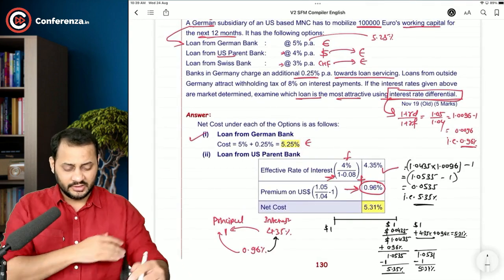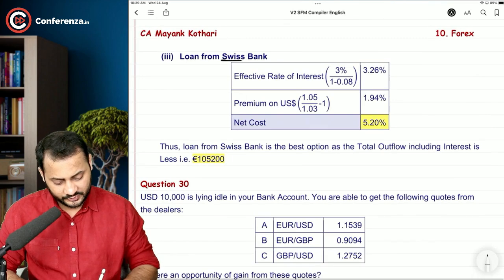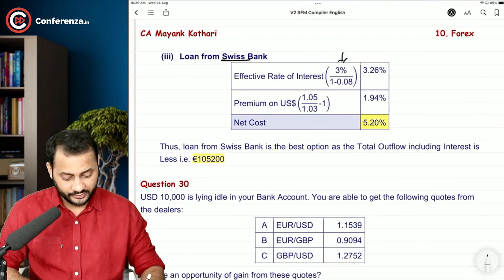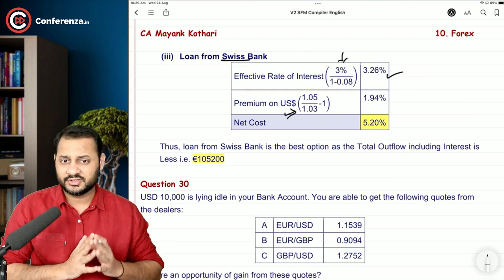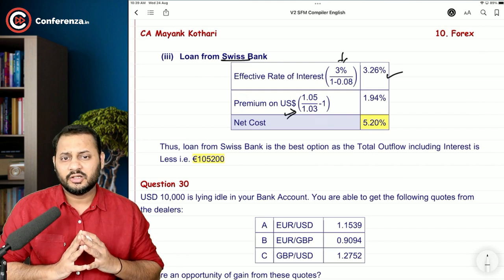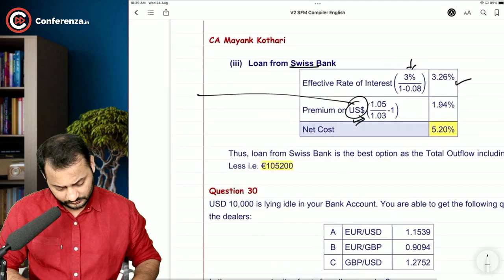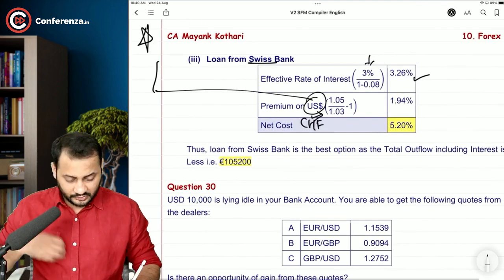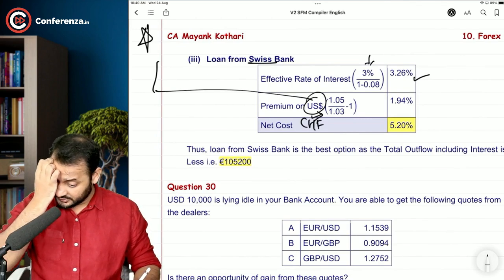Do you understand that? Similar is the situation when it comes to the Swiss bank. 3 divided by 8%, that is the perfect answer, 3.26%. And this is the premium interest rate differential between CHF and euro, that is 1.05 and 1.03.